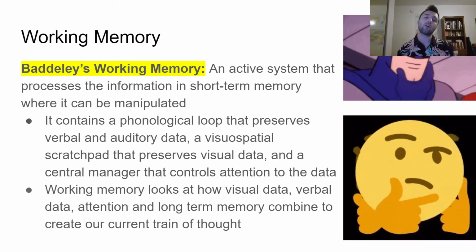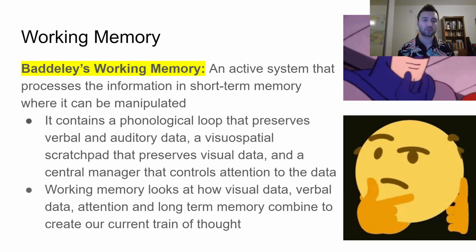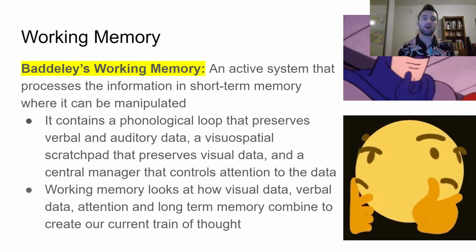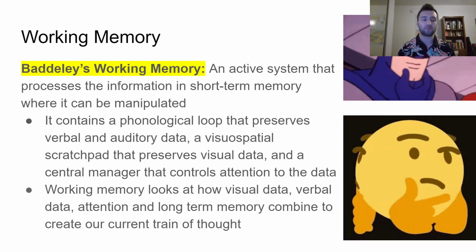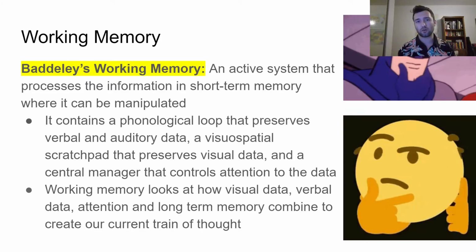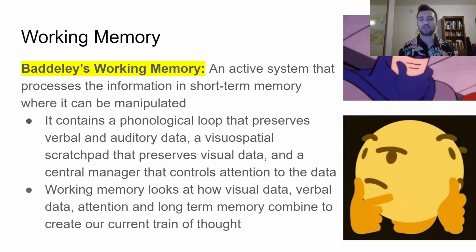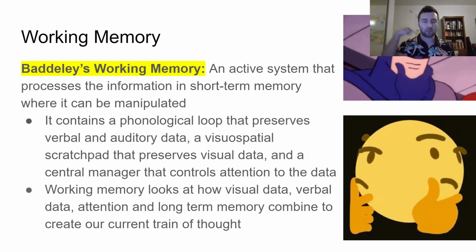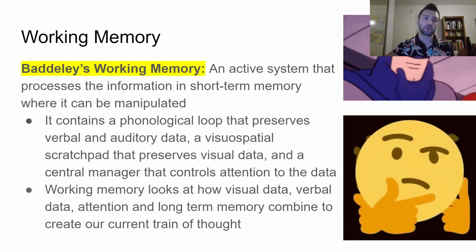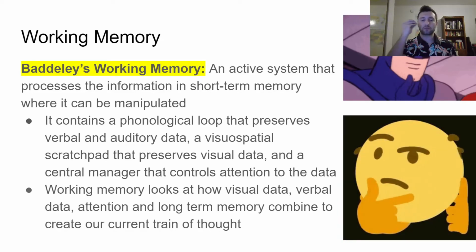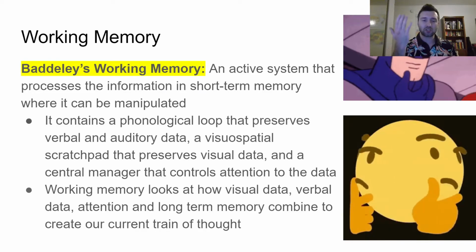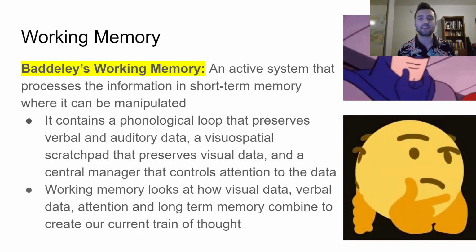So within our working memory, there's a whole bunch of different things going on. For example, we have what's called a phonological loop. A phonological loop is holding on to and preserving verbal and auditory information. So what we hear, what somebody says, we've got this loop where we can repeat it in our head over and over again. We also have what he calls a visuospatial scratch pad that preserves visual data. So when I see something, I can close my eyes and picture it in my head. I can add things in.